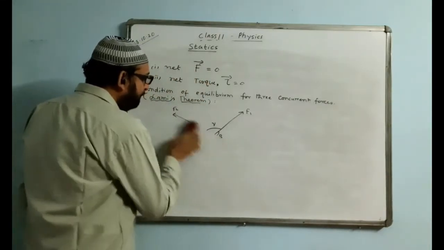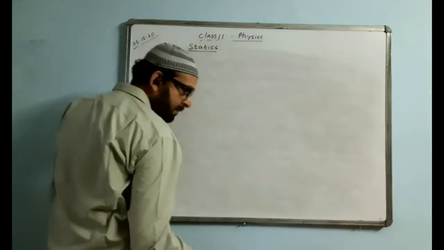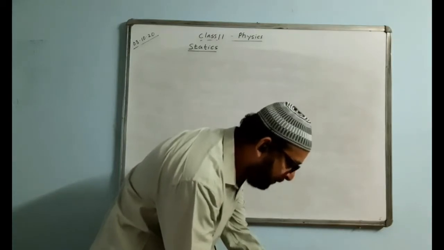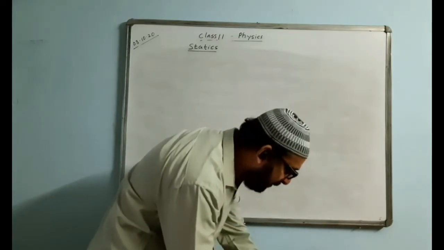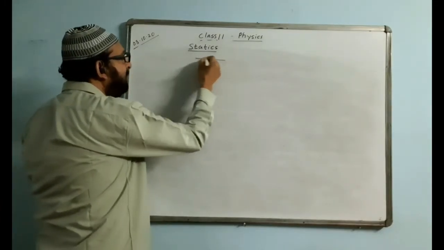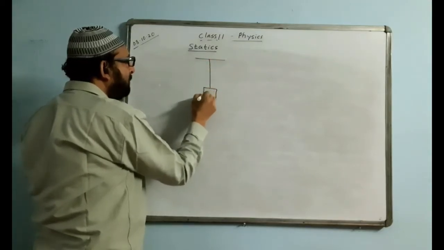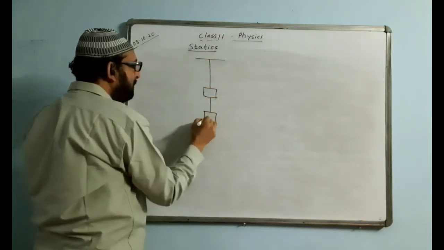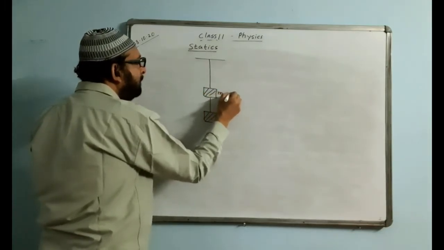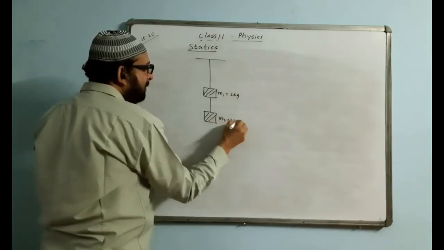Now straight away we will do some problems. This chapter is also problem based, mainly numerical problems that you have to understand. Suppose they have given blocks like this. This is M1, 2 kg, and M2, 3 kg.